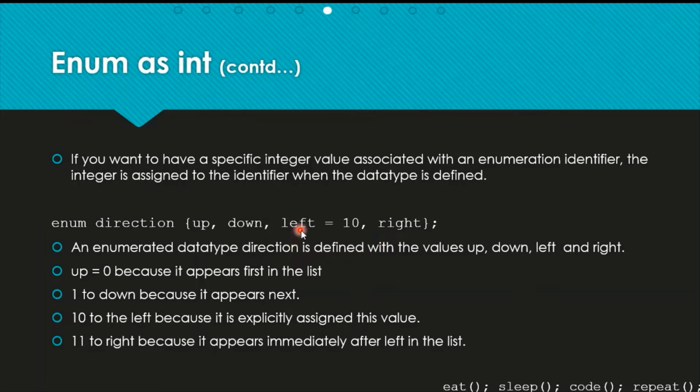Okay, so here 10 to be left because it is explicitly assigned, and immediately after left, right appears, so we have 11 to the right. Is that clear? So we can self associate the integer also to the enumeration identifier.